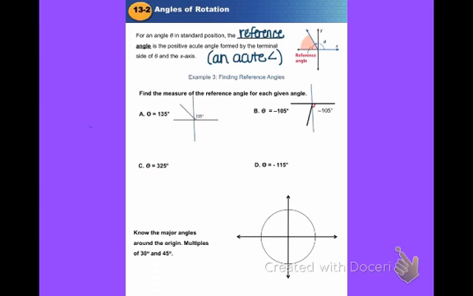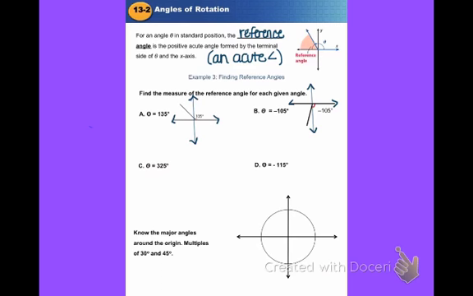Now, since we always are thinking about these angles of rotation in the coordinate plane, I fixed up examples A and B a little bit. It looked like just the x-axis was drawn, but I drew in the y-axis as well, and you may want to do that. That way it looks like an actual angle of rotation in the coordinate plane.